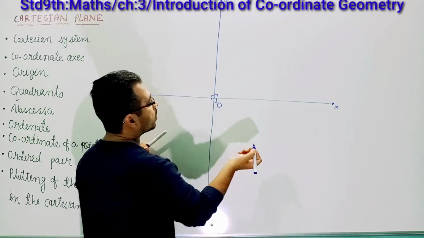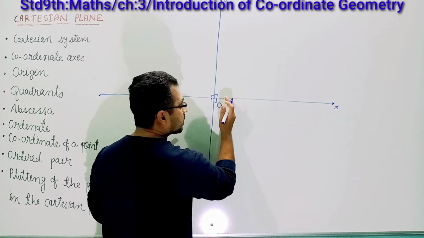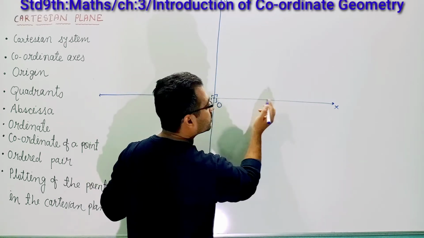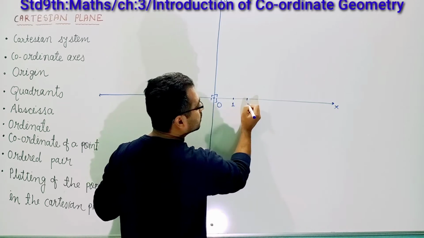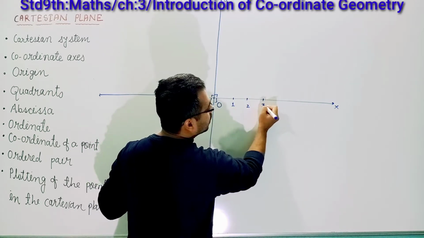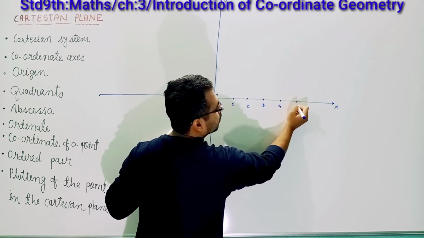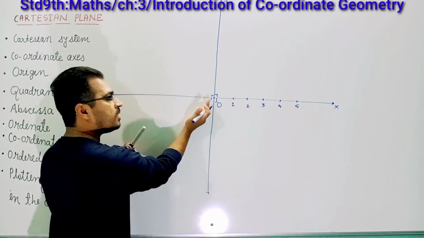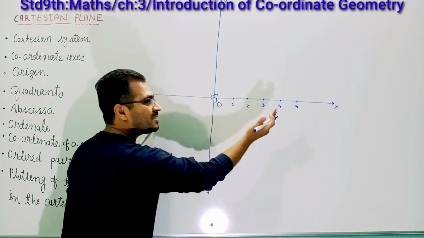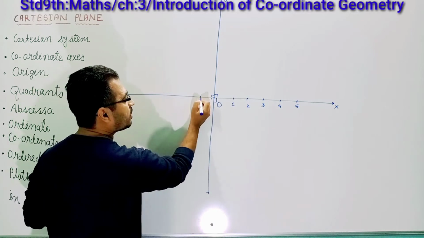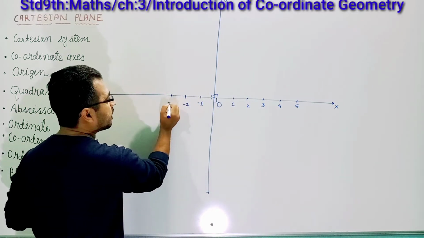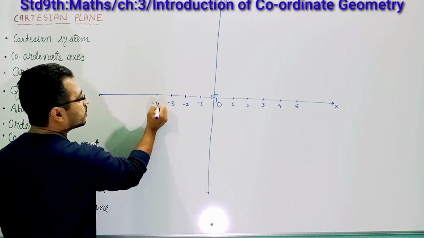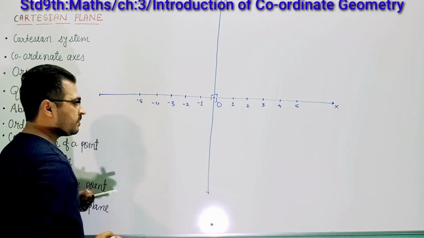What is the origin? On the right side of the origin on the x-axis there are positive integers like 1, 2, 3, 4, 5, and on the left side of the origin there are negative integers, -1, -2, -3, -4, -5.